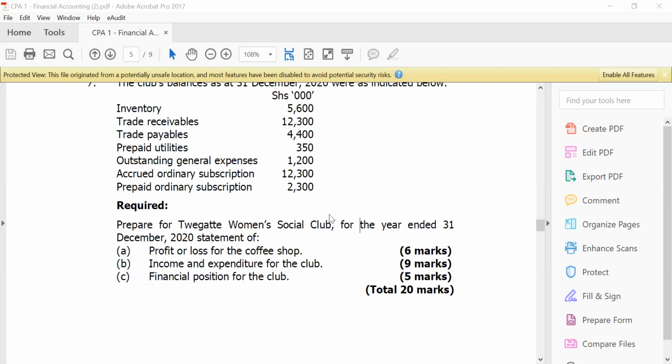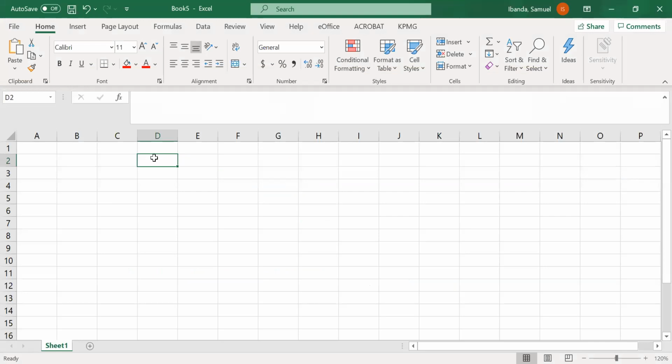So the so-called profit and loss is drawn up just like any other profit and loss. I'll just try to share my screen. So this is the coffee shop.